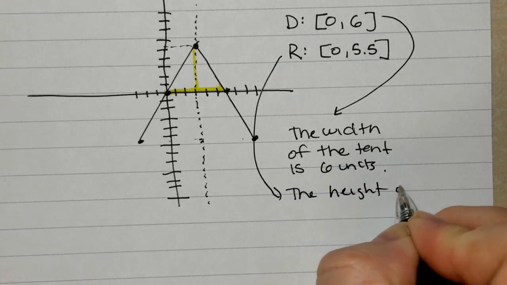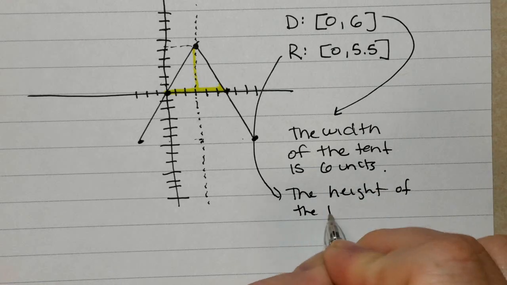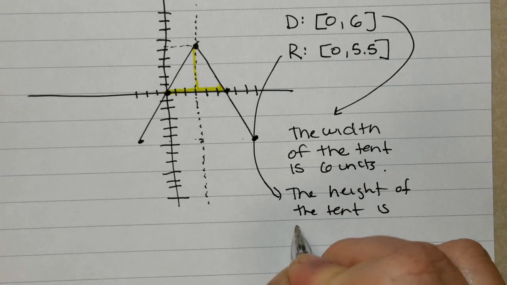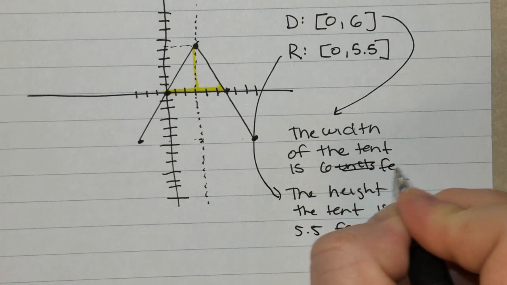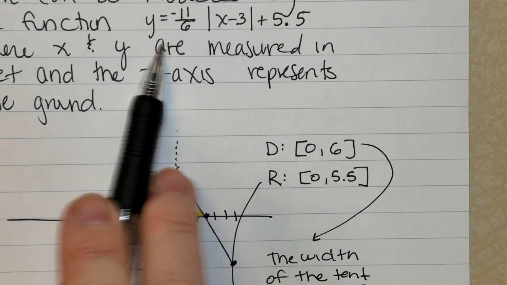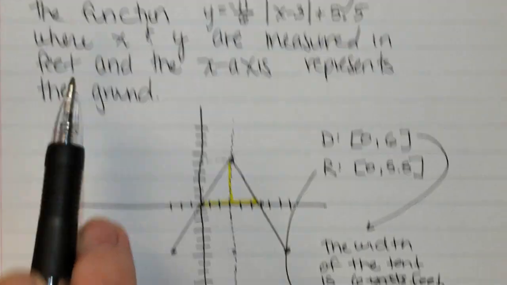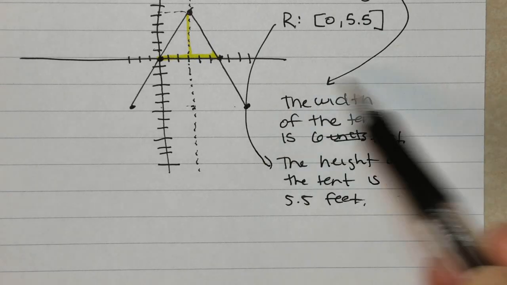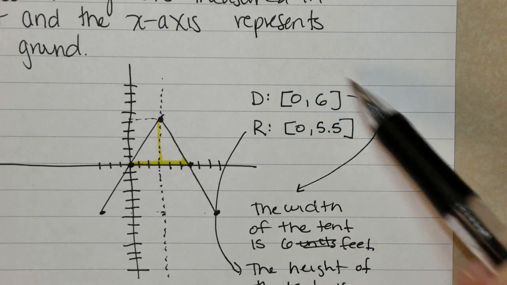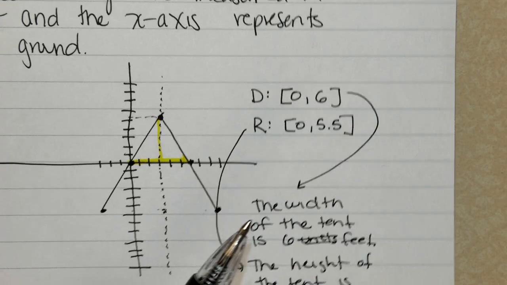The height of the tent is 5.5 feet. And I meant to say feet instead of units because we're specifically told it's measured in feet. So this is going to be interpreting the domain and range that we identified within this problem.